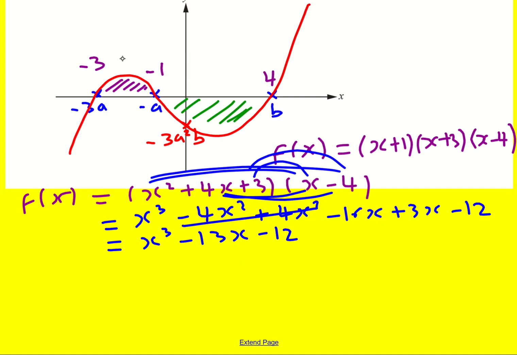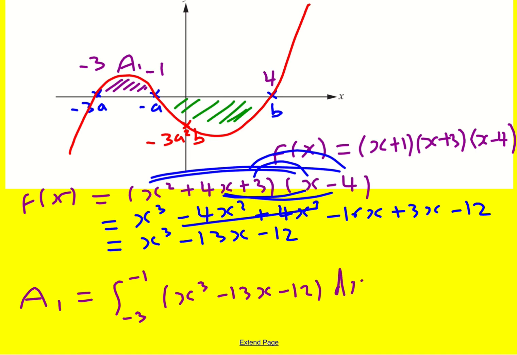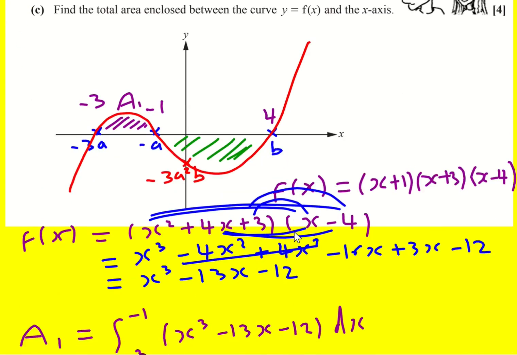First of all, I'm going to find this area here, area 1 enclosed. Area 1 is going to be the integral from minus 3 to minus 1 of x cubed minus 13x minus 12. Now this is a 4-mark question.